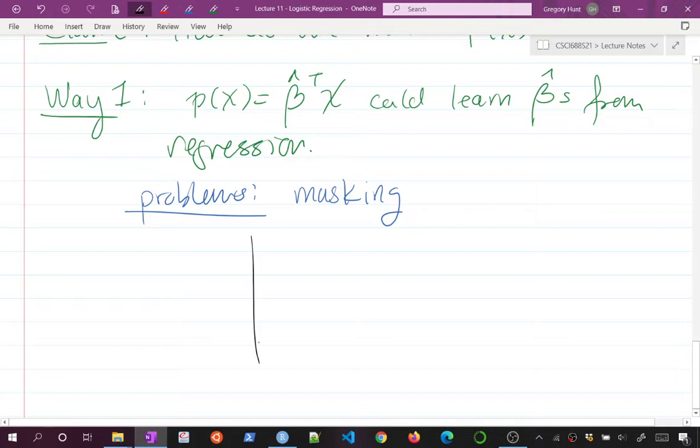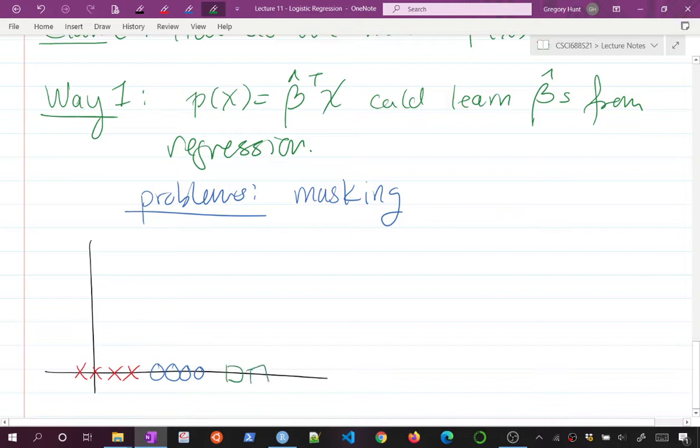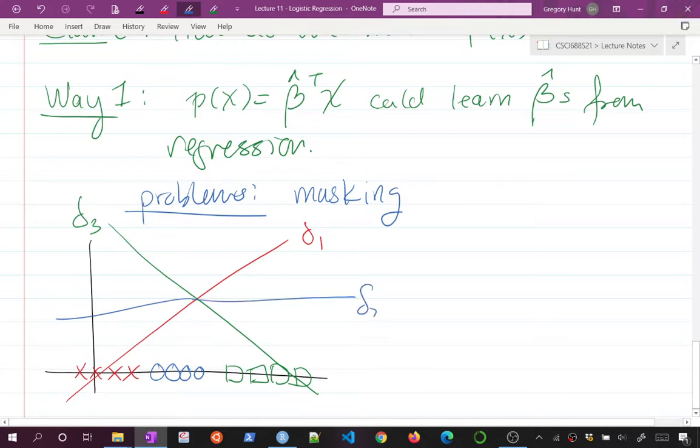And so let me draw 2 pictures here for you. If I have, say, a bunch of classes, we're going to move out of the binary world for a second here, because this problem tends to manifest when you have multiple classes. What happens when I do this kind of regression thing, which I talked about last time, is, maybe that's my delta 1, maybe that's my delta, I guess that's class 3, and then the classic picture is, what if my delta 2 looks like that?